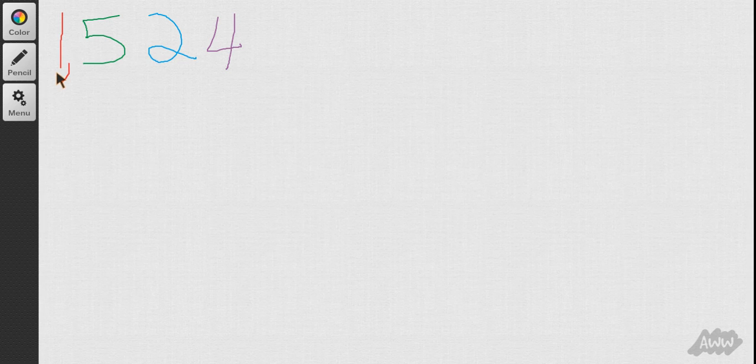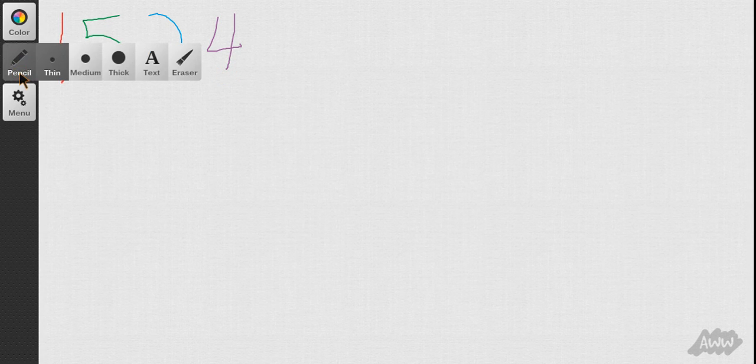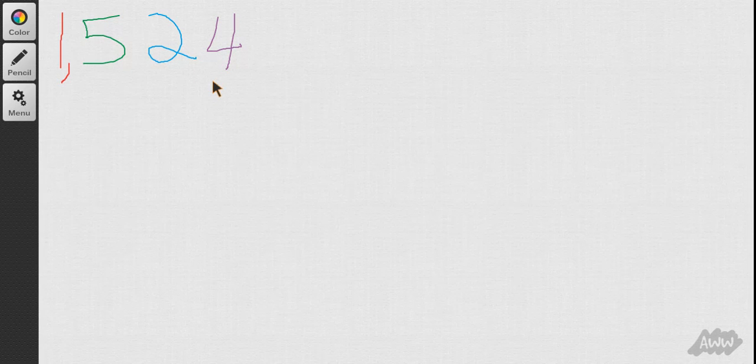If you take a look up here in the corner, we have the number 1,524. Now, if you remember from past years, or as a refresher even, you remember that this 4 here is in the ones column. So let's go ahead and type in ones.